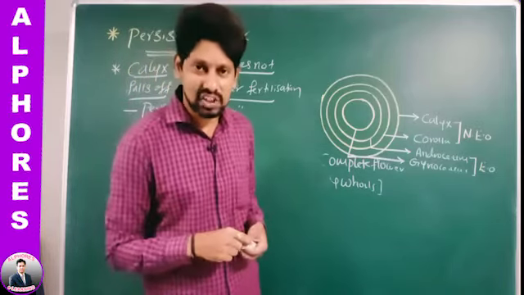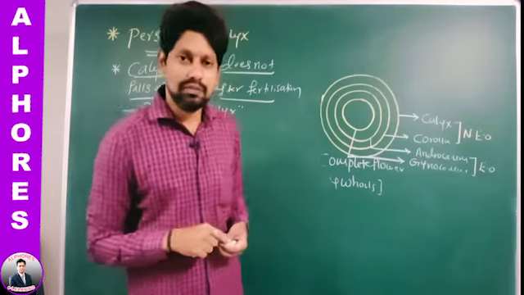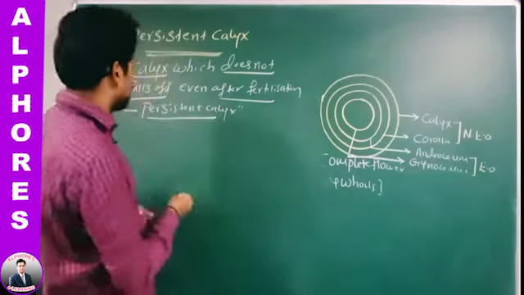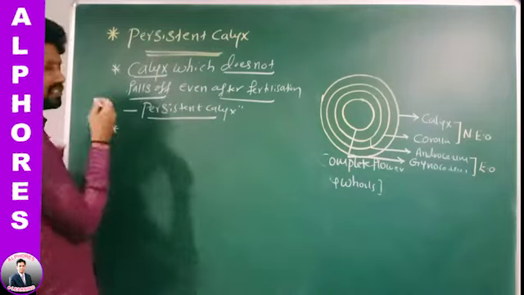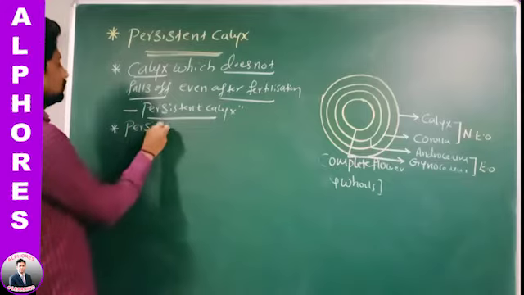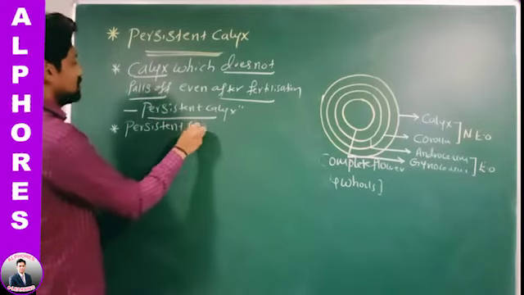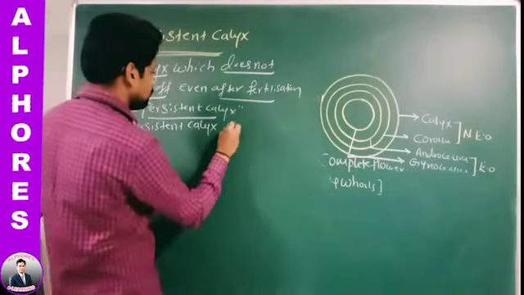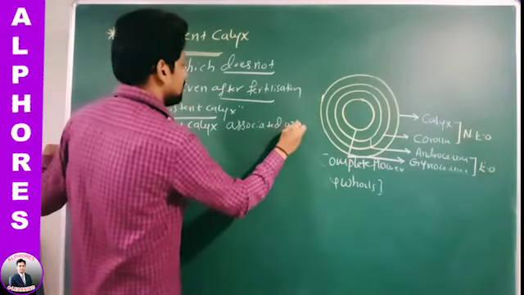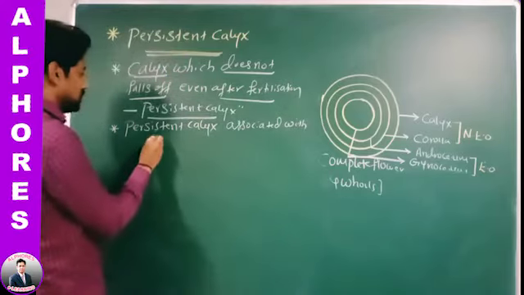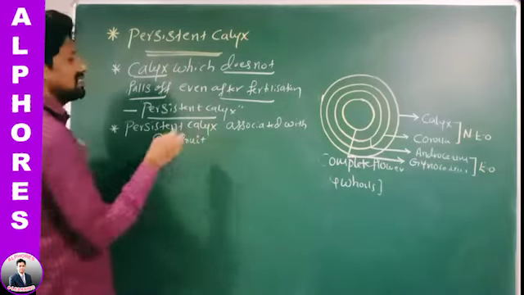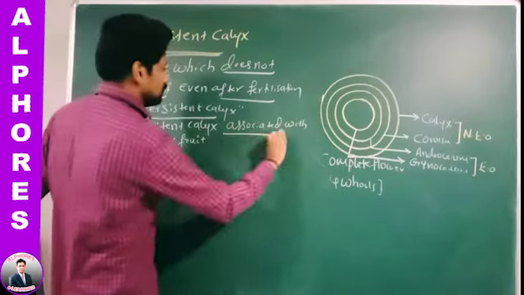Therefore, persistent calyx is associated with true fruit.